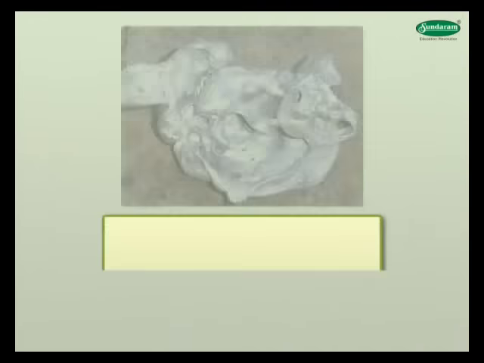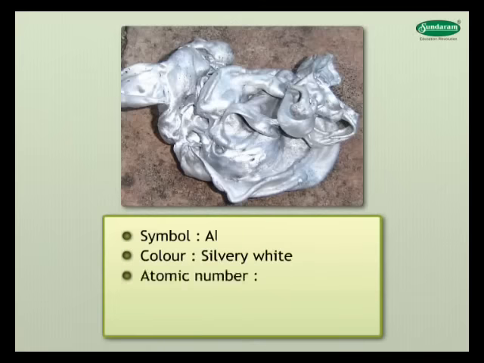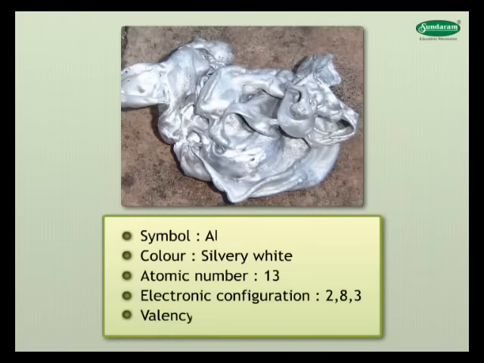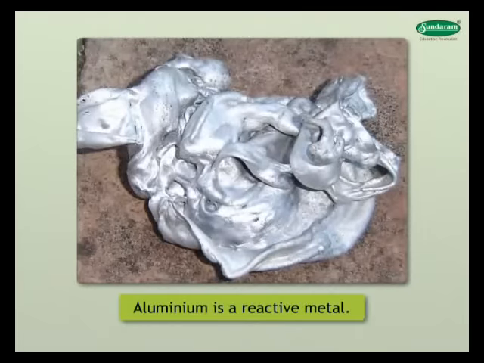Extraction of aluminium. Symbol of aluminium is Al. Its color is silvery white. Atomic number is 13. Electronic configuration is 2, 8, 3 and valency is 3. Aluminium is a reactive metal and so does not occur in free state in nature.